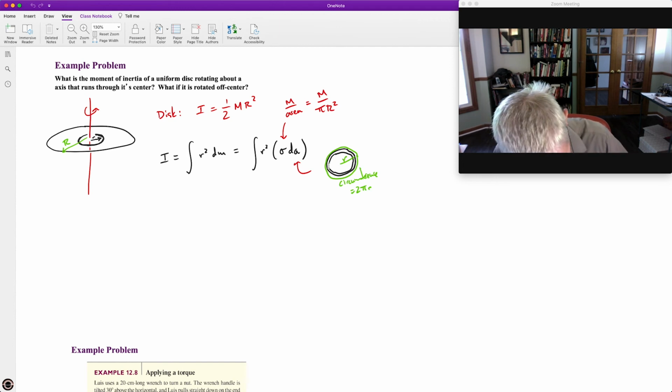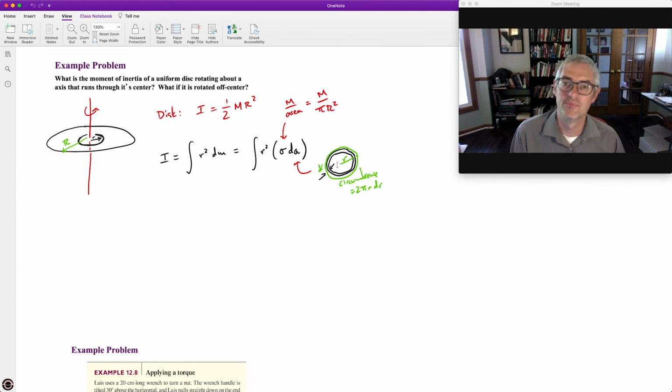And that is my dr. It's that little bitty strip around this integral that we're doing in here.